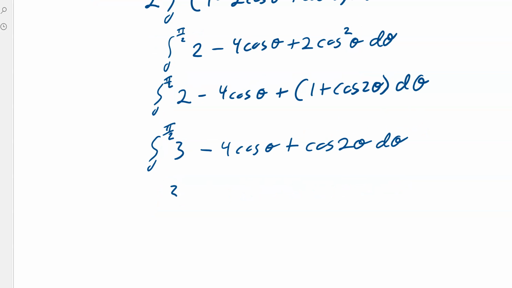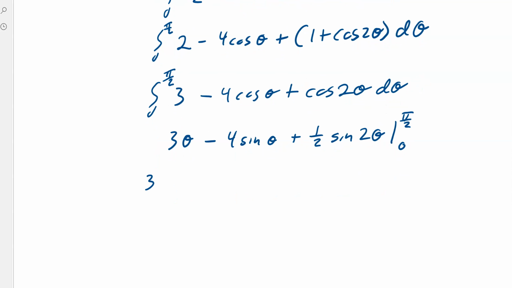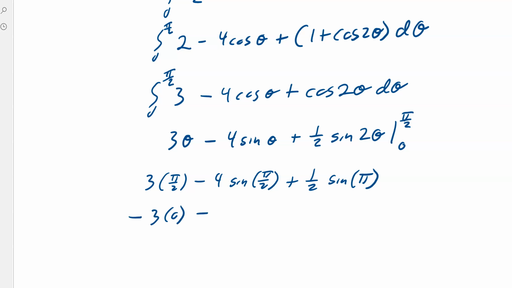All right, so we have 3 theta minus 4 sine theta plus 1/2 sine of 2 theta. And the sine doesn't like 0, so that's perfect. So we have 3 of pi over 2 minus 4 plus, minus.